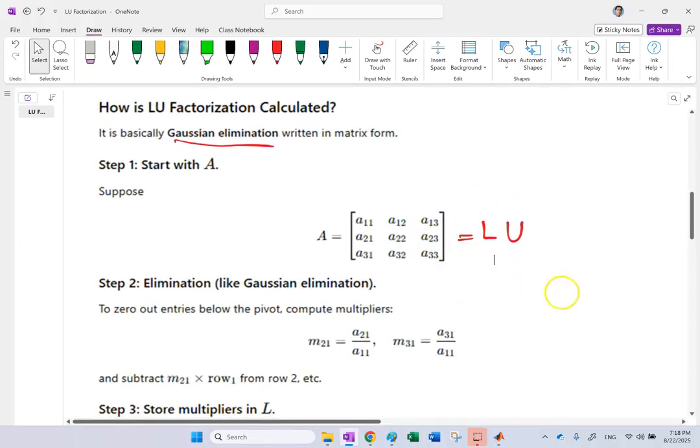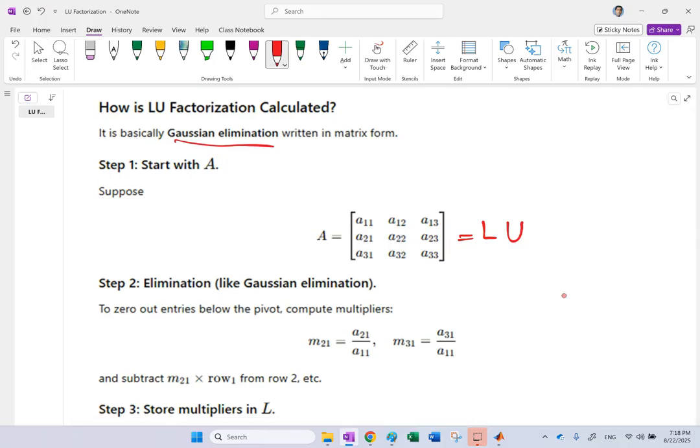If you remember, in Gaussian elimination, you find the ratio of A21 over A11 and then the ratio of A31 over A11. So you multiply the first row, if you call this row 1 and this is row 2 and this is row 3, then to convert these two numbers to 0, right?